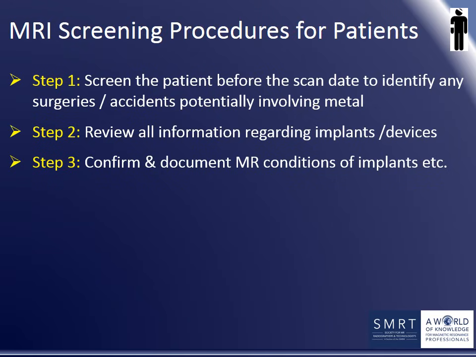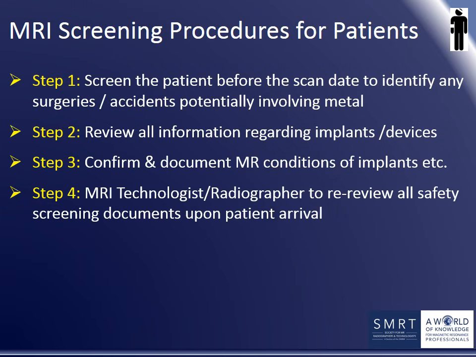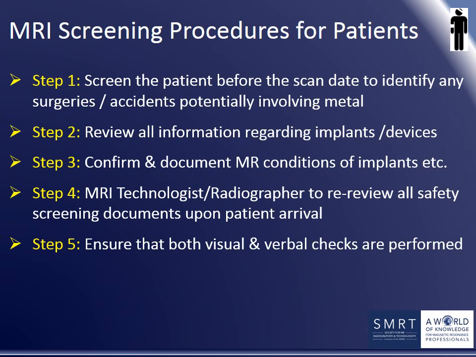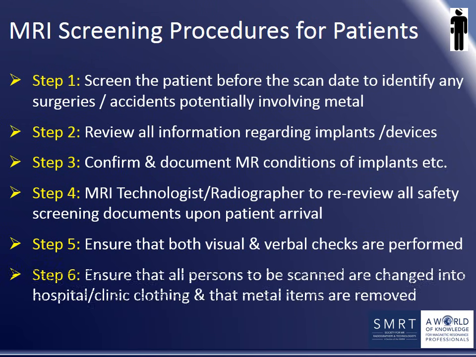Any conditions for safe MRI scanning need to be confirmed and documented. When the patient arrives on the day of the scan, an MRI technologist or radiographer will reassess all safety screening documents. This includes both visual and verbal checks of the patient. Finally, all patients should be changed into appropriate hospital clothes, free of metallic parts, and all metallic items removed.